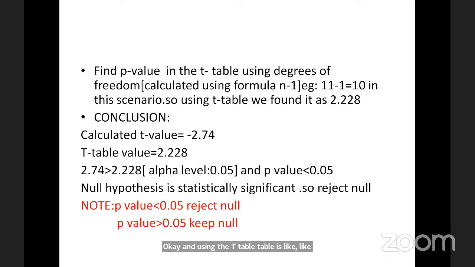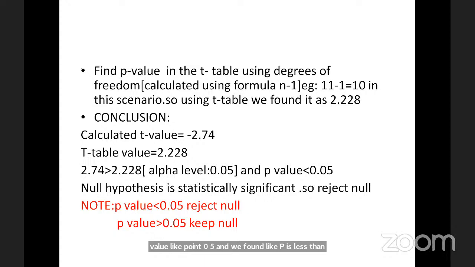Using the degrees of freedom, we get an already calculated value, 2.228, from that. So this is the value calculated using the formula, and this is the t-table value, 2.228. So we can say 2.74 is more than 2.228, with the alpha value of 0.05. And we found that P is less than 0.05.